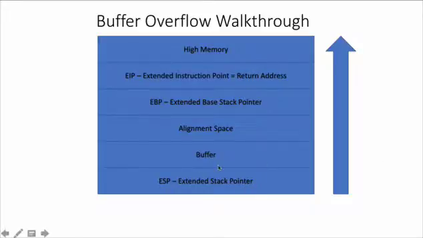Then your buffer will go to 500, and then as soon as you hit 100, you're going to start hitting this thing called alignment space, which is actually just something the CPU puts into memory just to make sure that it runs quicker depending on which architecture you are. Then it will hit the extended base stack pointer.